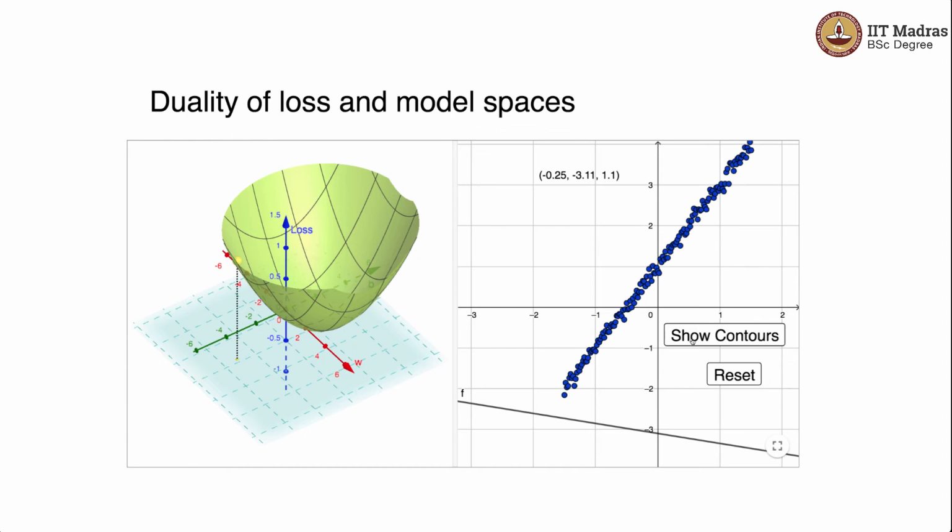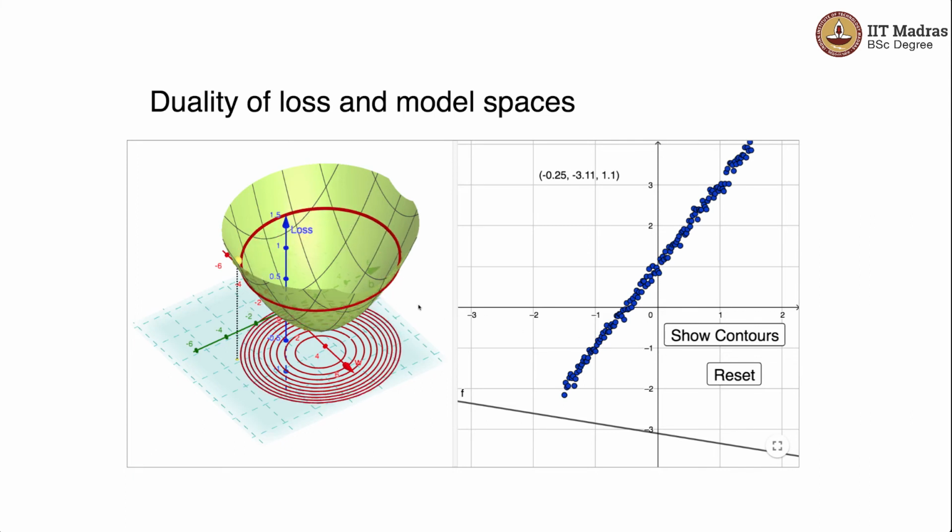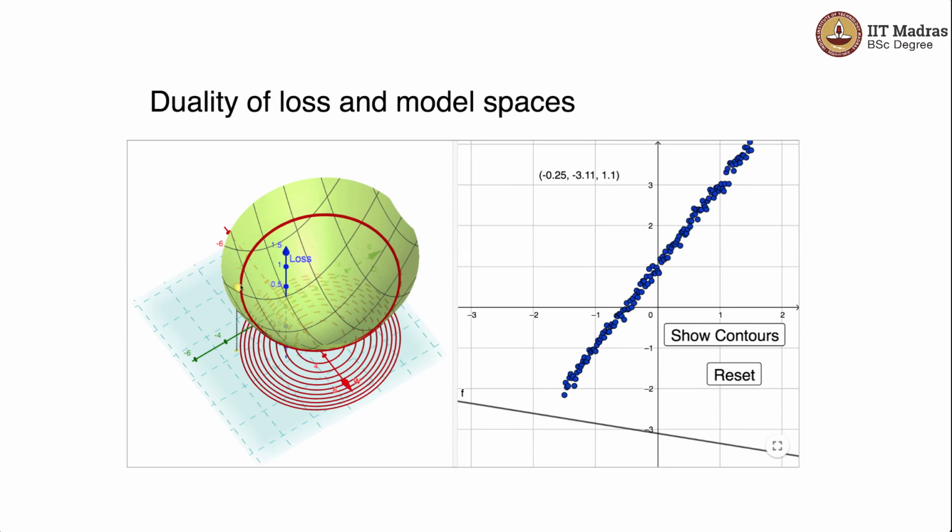Before that, we will click on this button for showing the contours. This draws the contour, which is another alternative representation for the loss surface. Now, the current model is a point on the loss surface, which is denoted by this particular yellow ball, right?